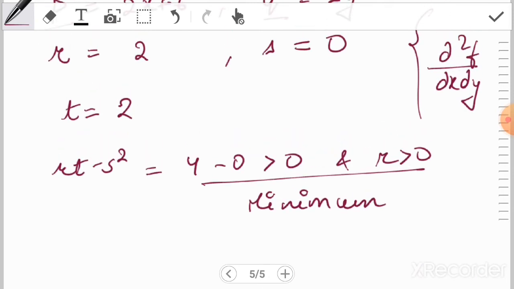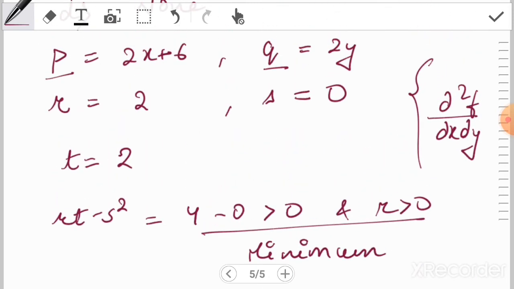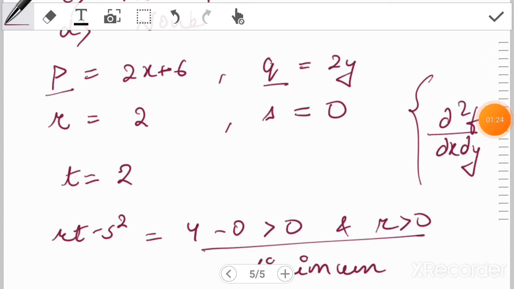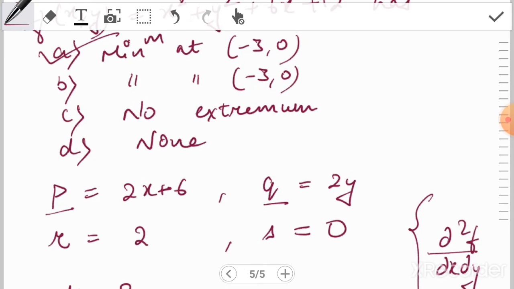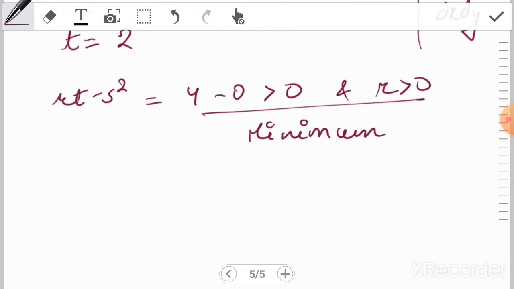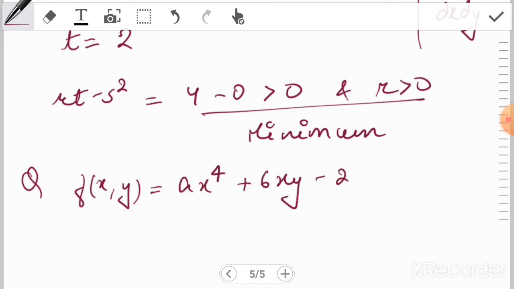Since r, s and t are independent of x and y, we did not check on this interval. Okay, so now let us take one more function: ax to the power 4 plus 6xy minus 2x square plus by square minus 2x plus 3.